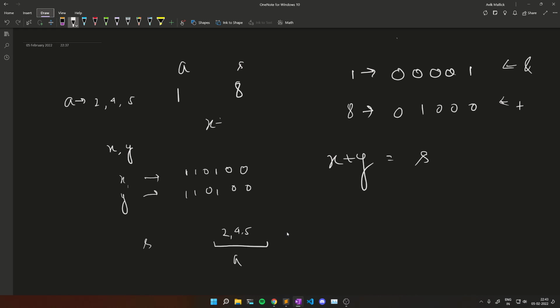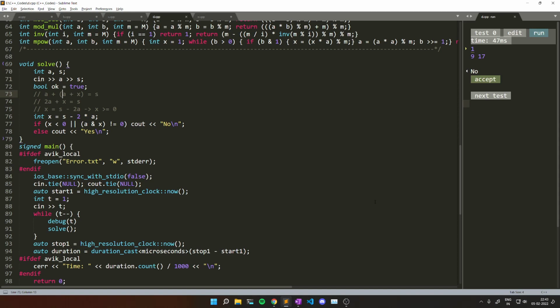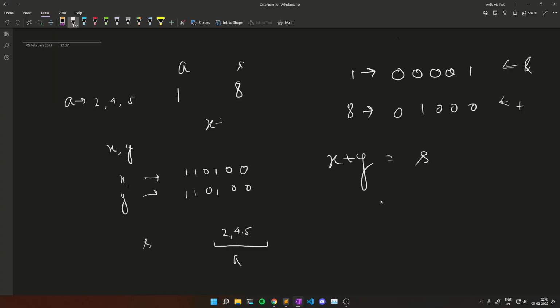Now we know that both the numbers contain at least some same set bits. So like a plus a plus x equal to s. So what this means is that both the numbers have some same set bits.